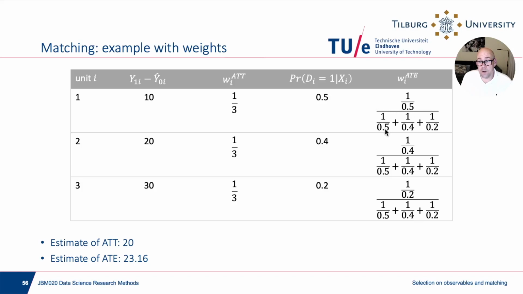So 1 over 0.5 plus 1 over 0.4 plus 1 over 0.2, because 1 over 0.4 would be in the numerator for the second I, and 1 over 0.2 would be in the numerator for the third I. So these weights do all sum up to 1, and if I use them, then what I get is an estimate of the average treatment effect of 23.16.